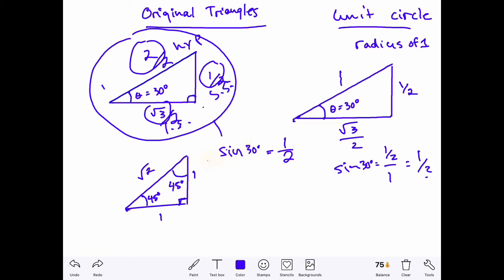I'm not going to get into the derivation here of the 45, but let me put this idea in our heads.